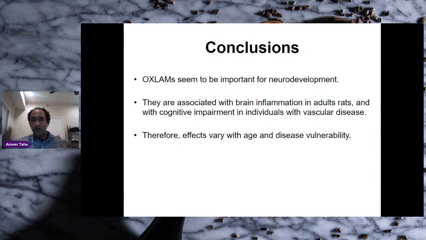And we're showing that they regulate neuronal outgrowth. So they must be important, but that is yet to be confirmed. In adult rats, they're associated with brain inflammation. And in humans with cognitive impairment, they're associated with executive dysfunction, particularly in people with vascular disease.